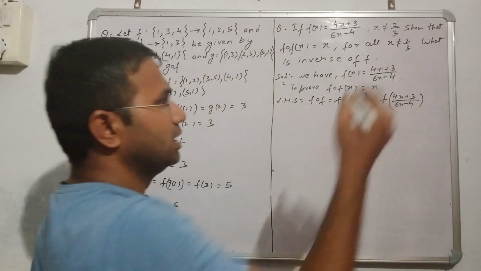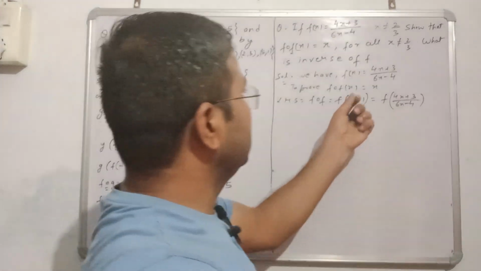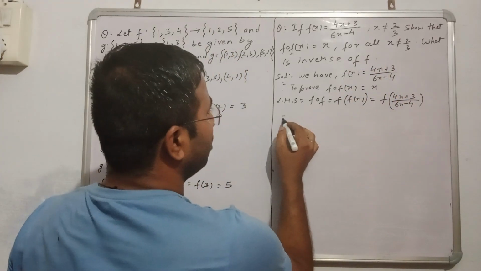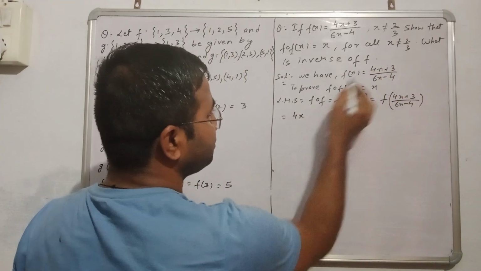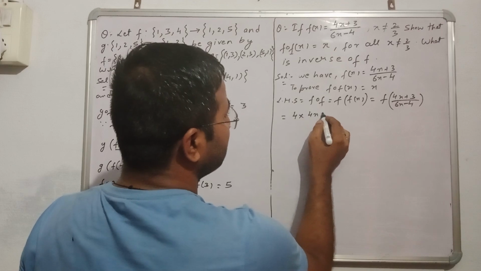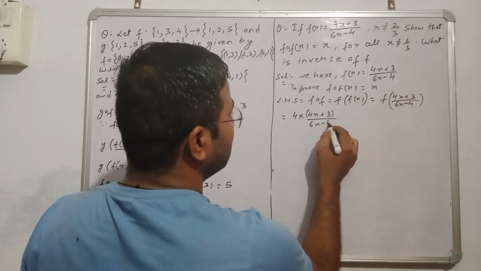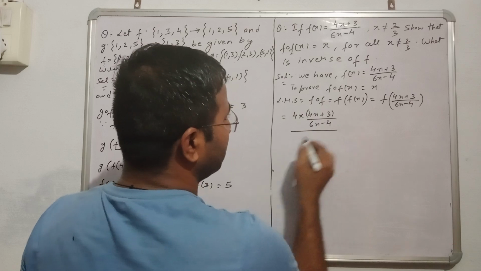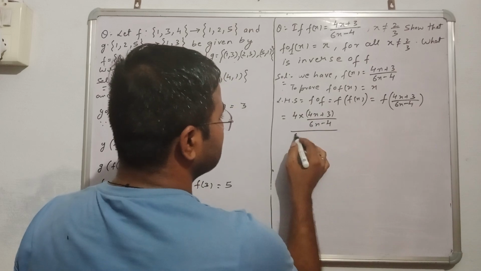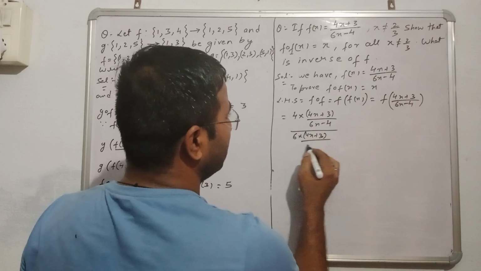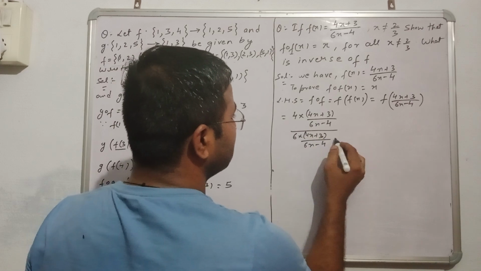This means in the place of x you will put this value. So now what will you write? 4 into (4x plus 3 upon 6x minus 4) upon 6 into (4x plus 3 upon 6x minus 4).